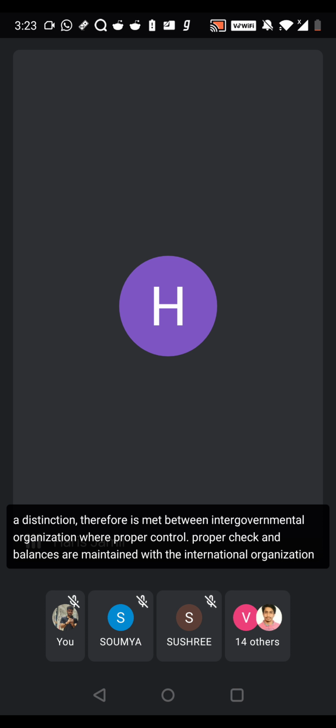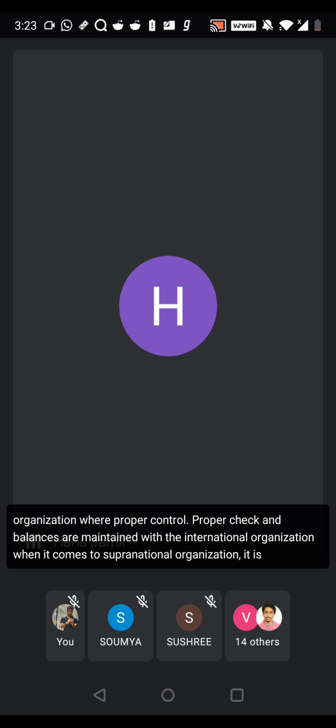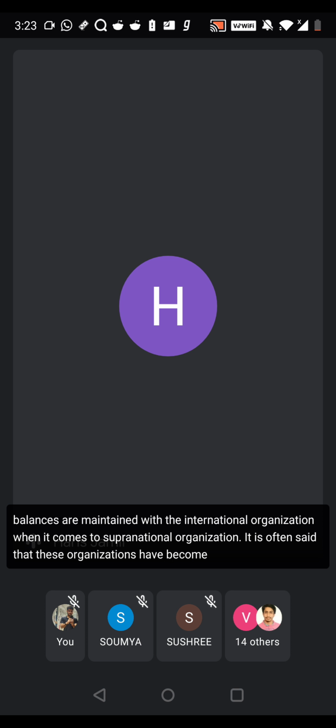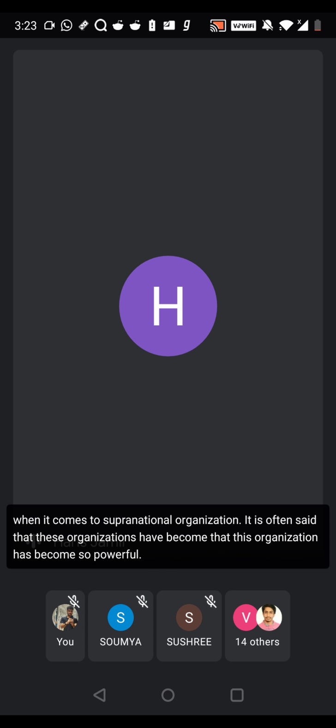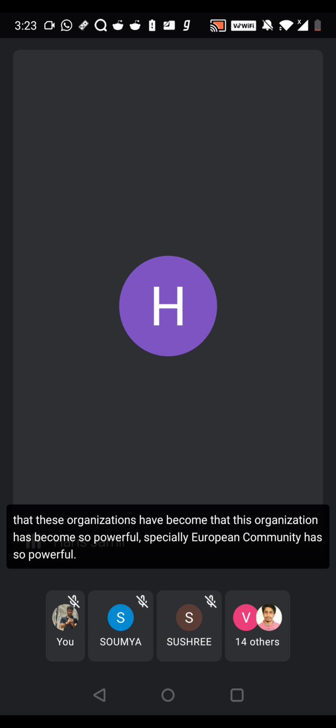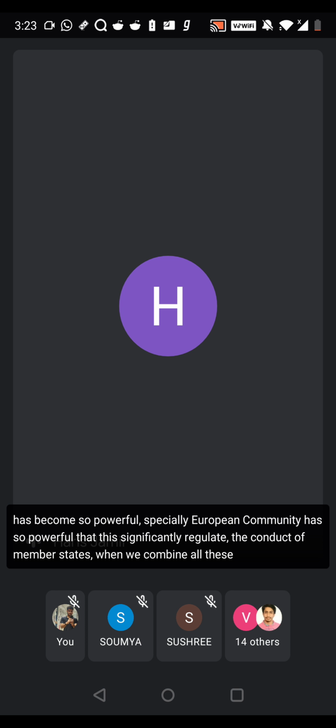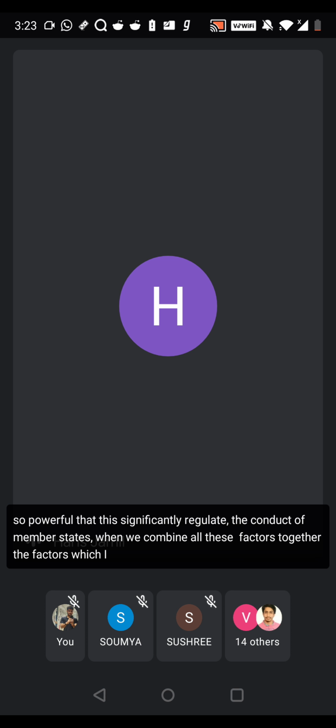When it comes to a supranational organization, it is often said that this organization has become so powerful, especially the European Community, that it significantly regulates the conduct of member states when we combine all these factors together, the factors which I just identified.